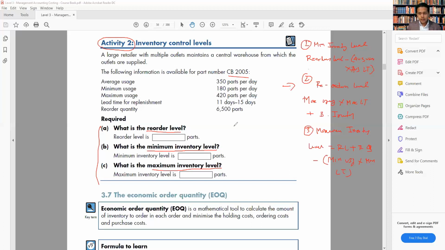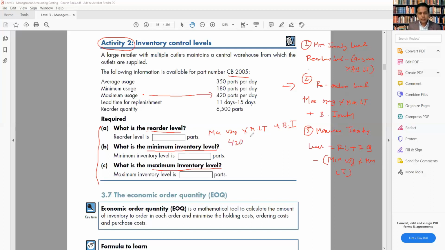So we have a maximum use times maximum lead time plus buffer inventory. In this question, we can see the maximum use, we have 420 parts.